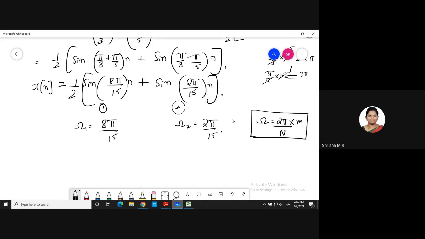So omega 1 is equal to 2 pi into 4 by 15 and omega 2 is 2 pi into 1 by 15. We have got it in this form, right? Clear?